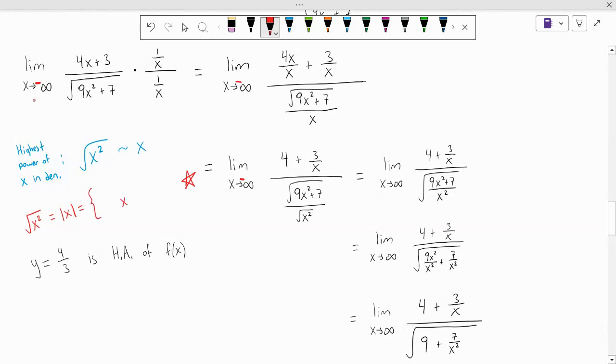And if x is a negative quantity, then absolute value of x is equal to negative x. So if x is negative, you have to put another minus in front of it to make it positive. So if x is approaching negative infinity, that means that x is going to be a negative number.